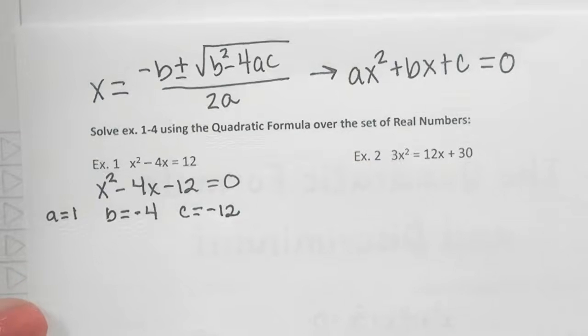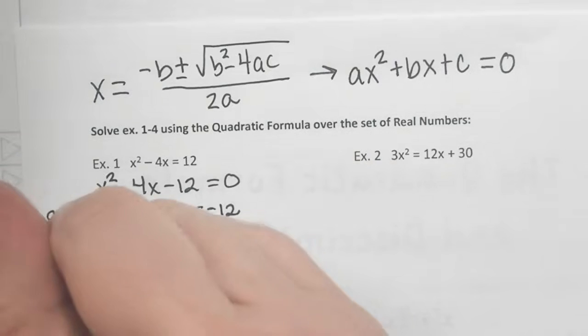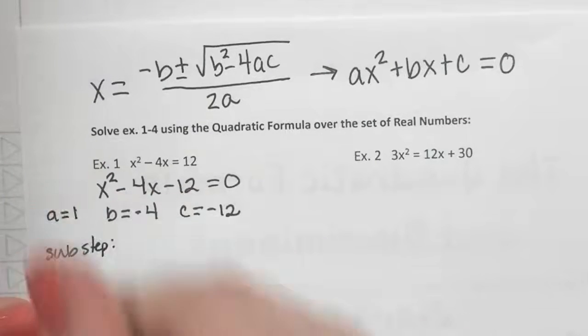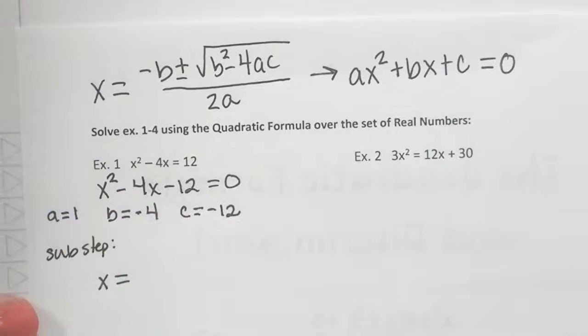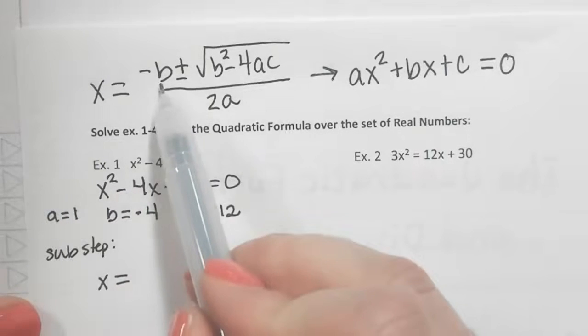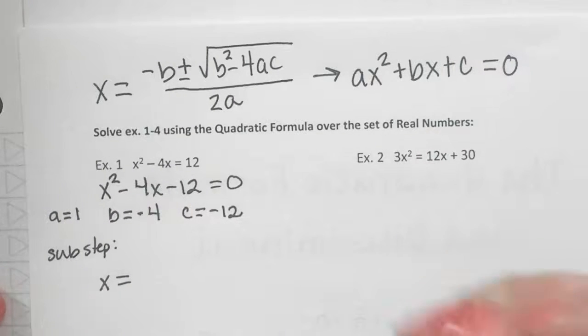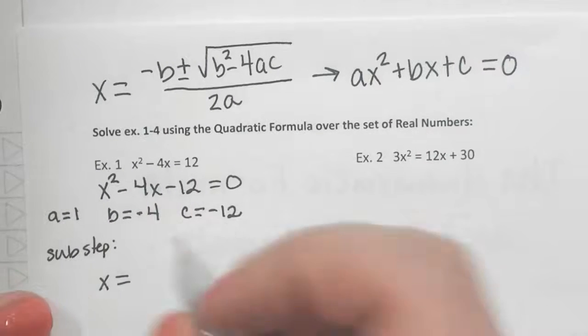Okay, so your first step, what you have to show is your substitution step. You literally just insert numbers into the quadratic formula with parentheses. Okay? That's your sub-step. You need to have that.